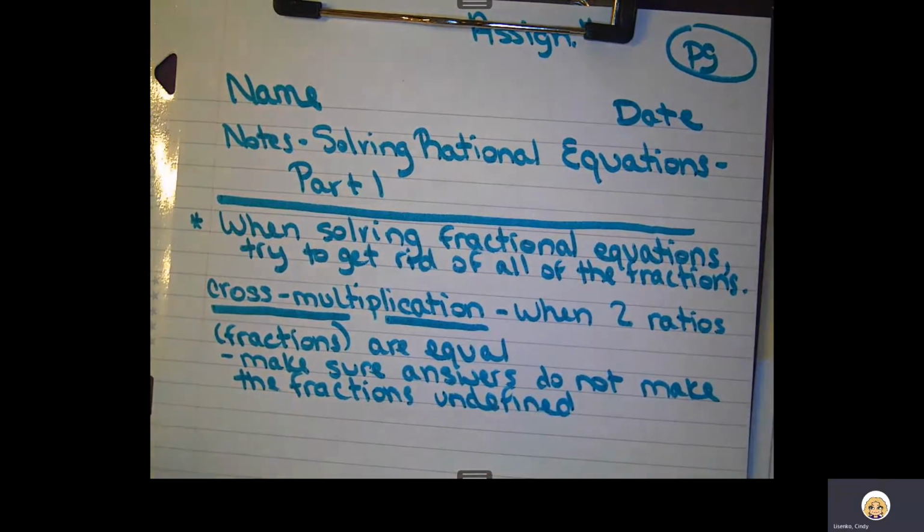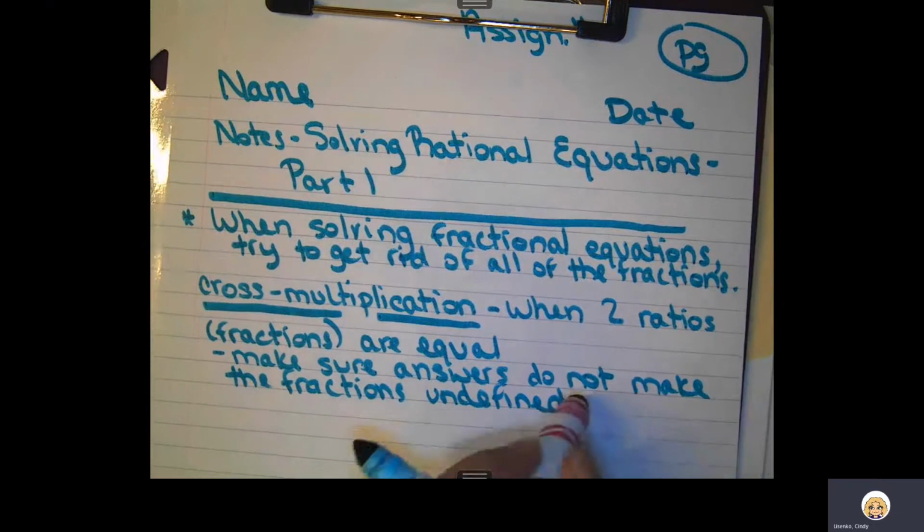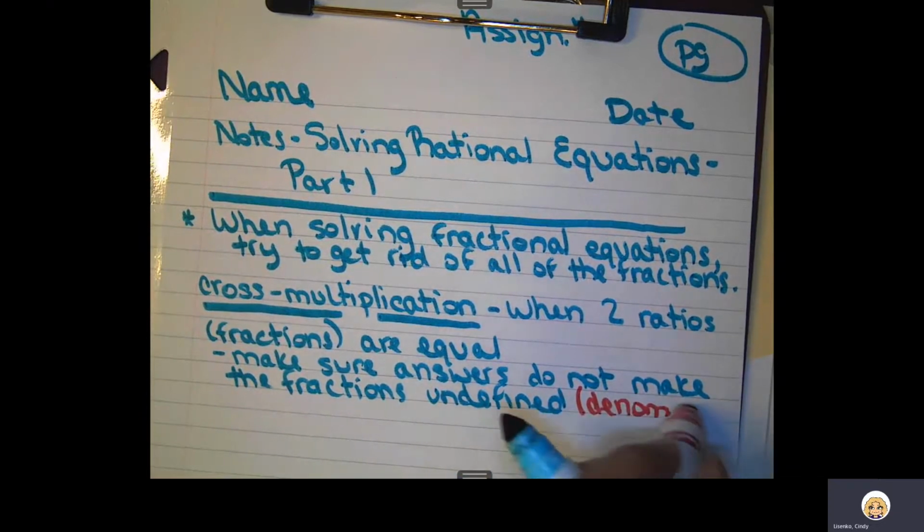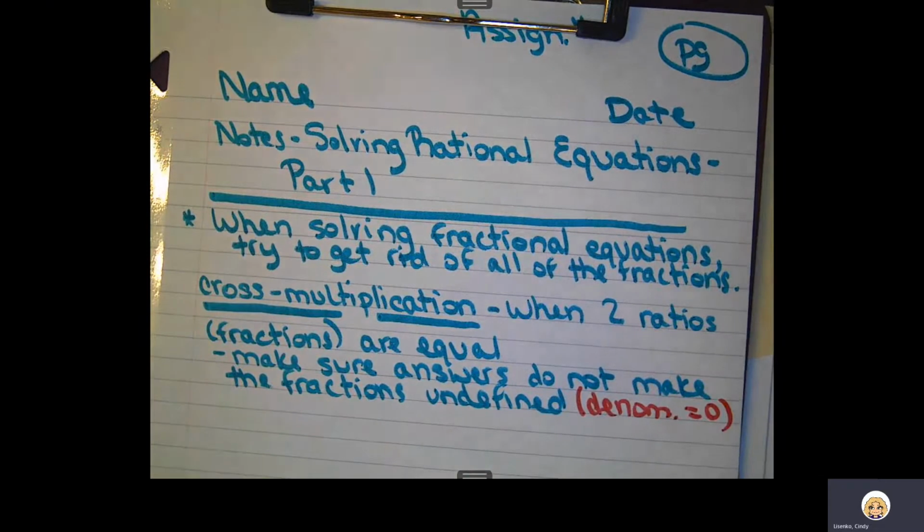And what that means is the denominator is going to equal 0. So I'm just going to put in parentheses, denominator, I abbreviated that, denominator equals 0. Because if you ever get an answer where the denominator equals 0, it won't work.